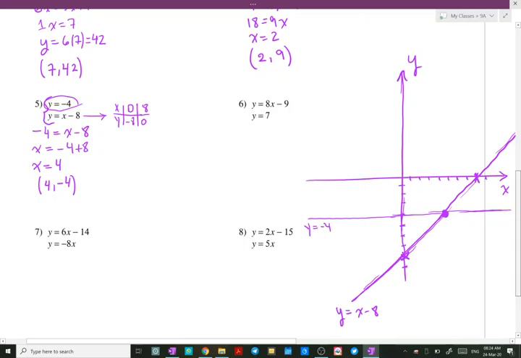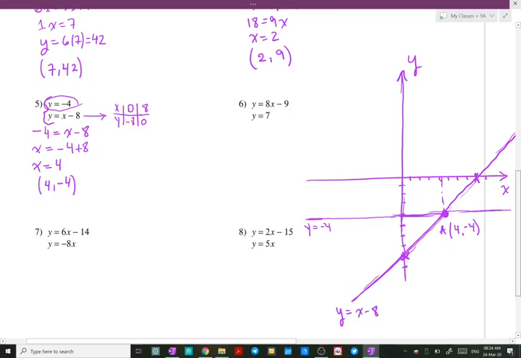And roughly we have 1, 2, 3, 4. So this is the x of the point. Let's call it A. The x of the point is 4. And the y of the point, since it belongs to the line y equals minus 4, is minus 4.